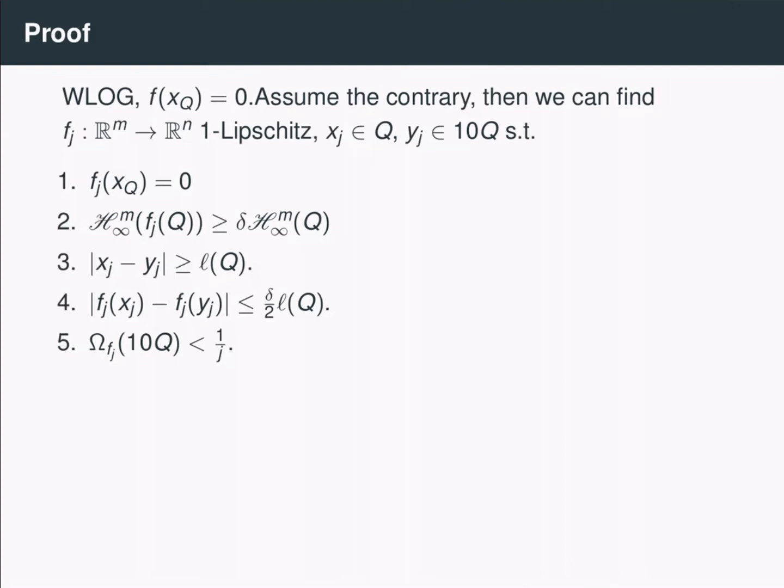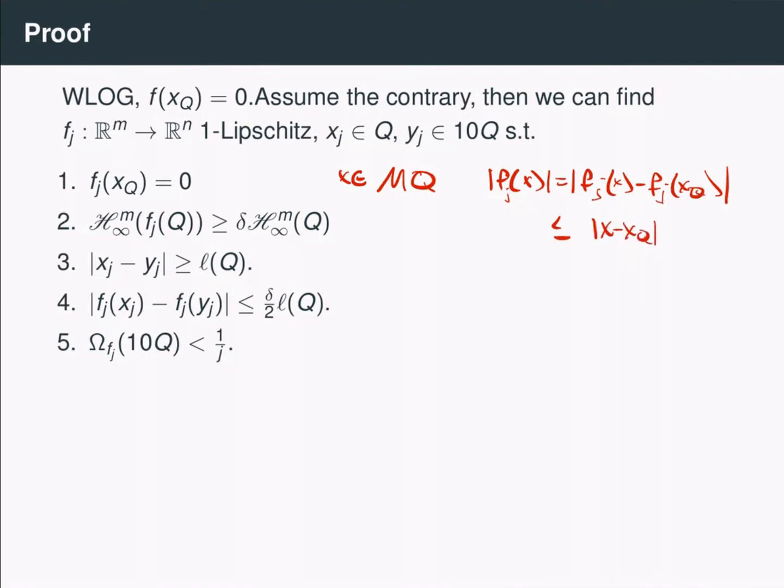So why is this? Let m be a number, and we look at the dilate mq, and we're going to look at a point x in mq. If we look at the absolute value of fj of x, this is the same thing as fj of x minus fj of xq, because fj of xq is 0. Since this is one-Lipschitz, this is at most |x minus xq|.